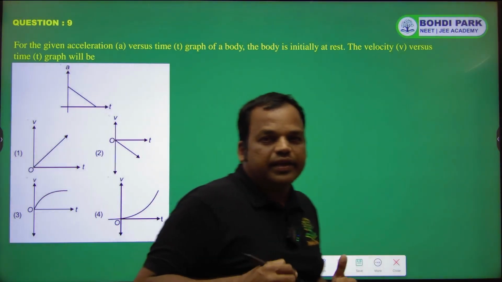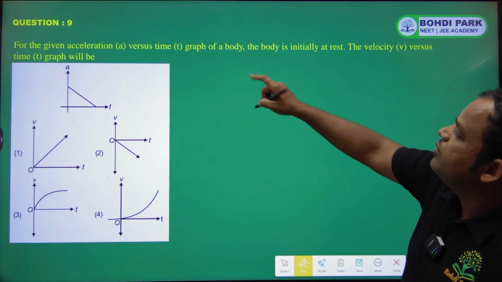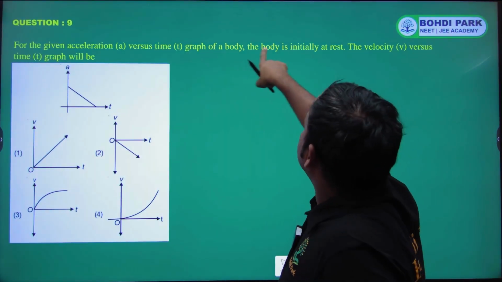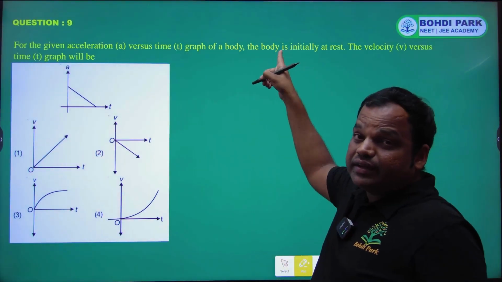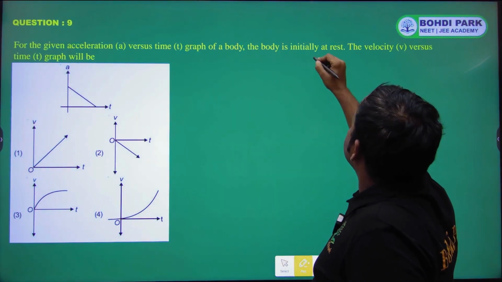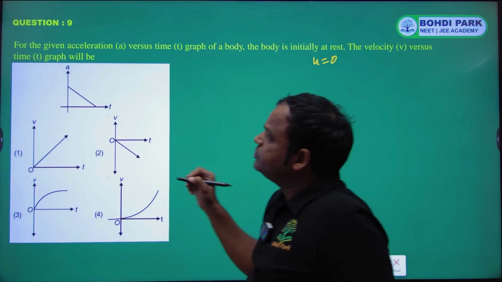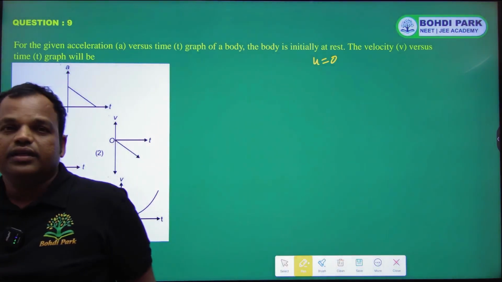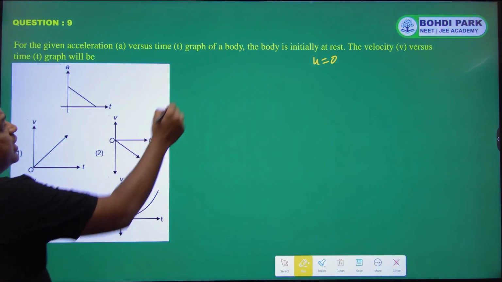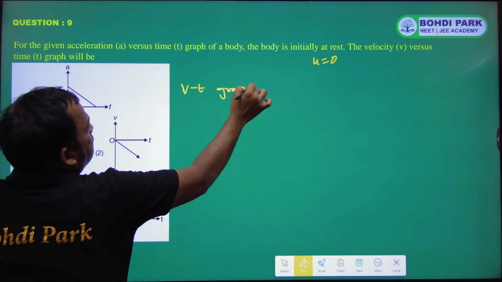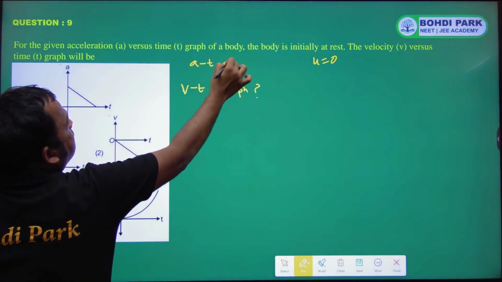Now question number 9. For the given acceleration versus time graph of a body initially at rest, so u is equal to 0, you have to find the v-t graph when the a-t graph is given.